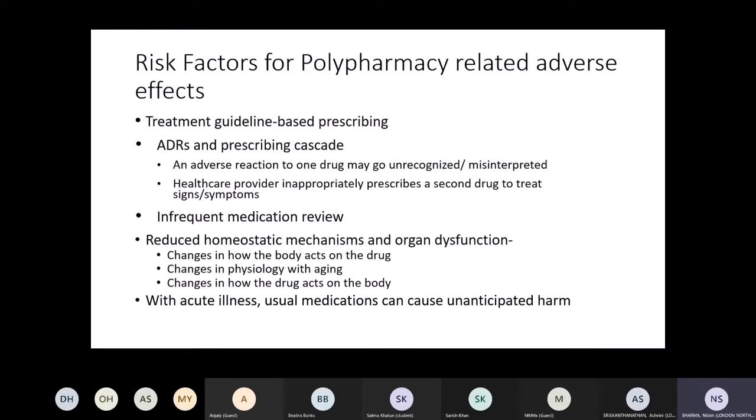This is because of the general physiology of aging, and it also changes how the drug acts on the body. With elderly people, it's difficult to clear the drug from their blood, and also the action of the drug is potentially increased or decreased, which causes further complications. So it's very important to frequently review the medications.